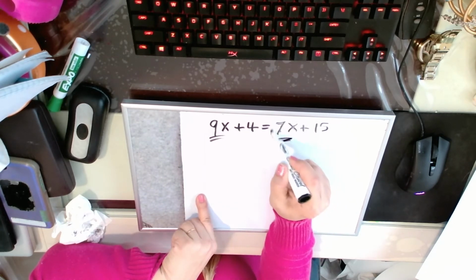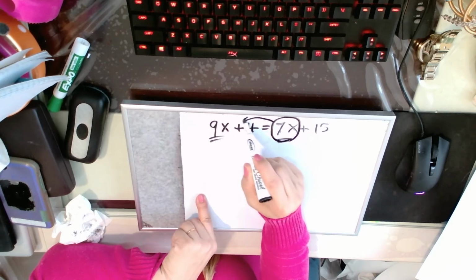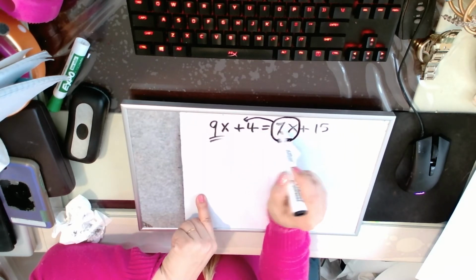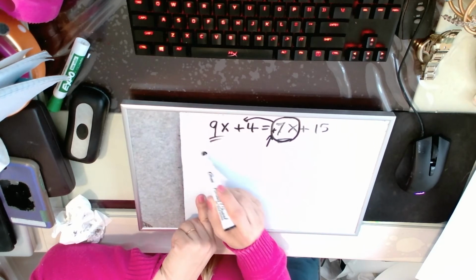We're going to transfer this term to the other side. When we transfer a term to another side, we change its sign. So now it's plus, so it's going to change to minus.